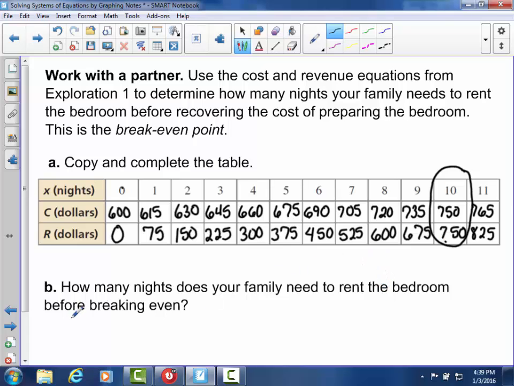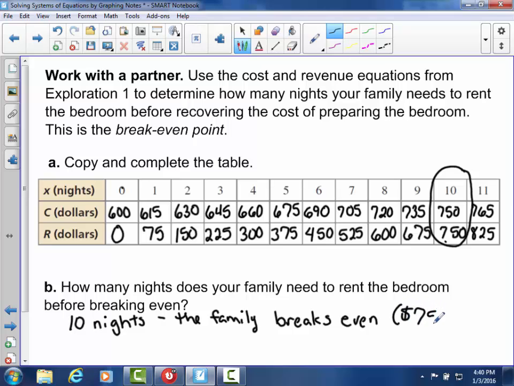So at 10 nights, the family breaks even. And we'll just put that $750. That's the break even.